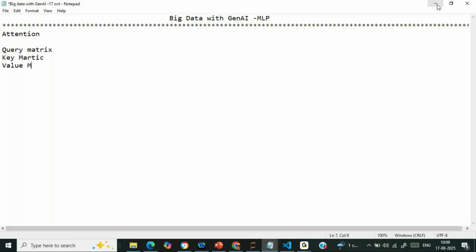So what exactly is happening with the help of these three matrices? The query matrix is going to ask the question. The key matrix is providing the answer to that particular question, and the value matrix is going to provide the information about what should be added in the embeddings to get the desired outcome, or to get the context rich embeddings.